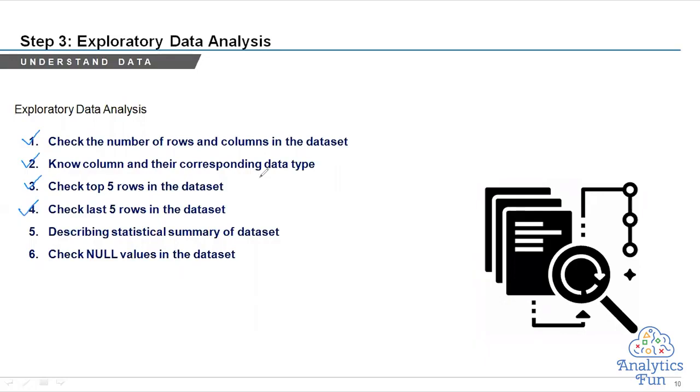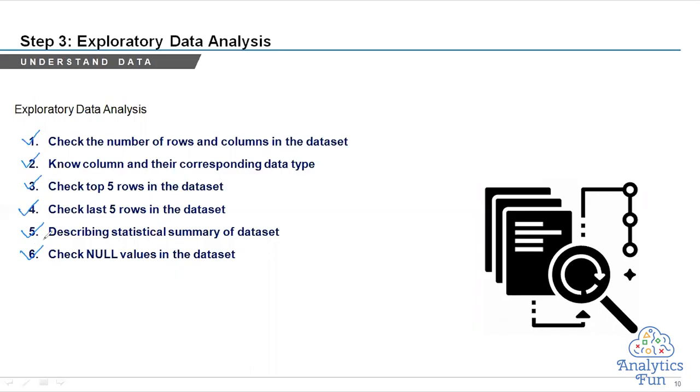We will do some kind of statistical summary on the dataset, and we will try to identify any pattern or outlier from the statistical summary. And we will also check for null or missing values in the dataset, because this will help us in doing the missing value treatment in the later sections.